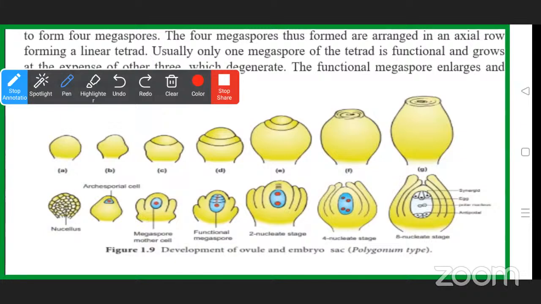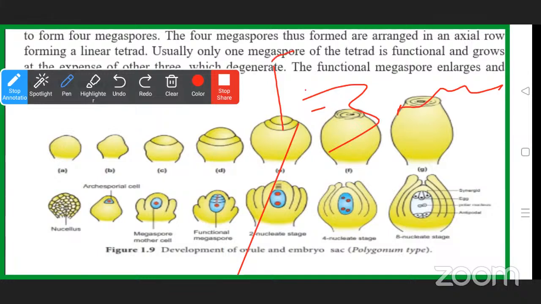Usually many competitive exams ask: in ovule formation, seed formation, how many meiotic and mitotic divisions take place? In the common type of embryo sac, 1 meiosis and 3 mitotic divisions take place.